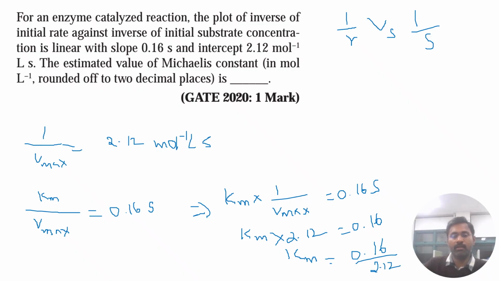That calculation will give you the Michaelis-Menten constant value. In that way we are able to understand enzyme catalysis, and we are able to calculate from the Michaelis-Menten mechanism the different parameters that help us to evaluate the efficiency of any particular enzyme for the given type of reaction.